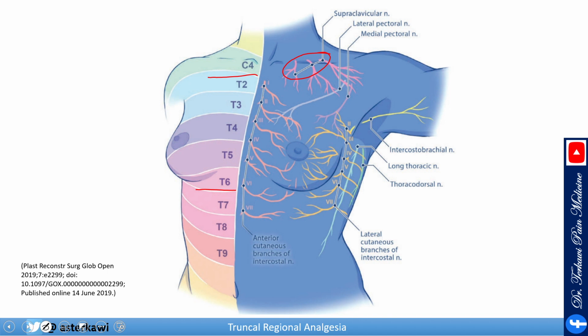But as you see here, you have the lateral and medial pectoral nerves. You have the anterior cutaneous branches here. You have the lateral cutaneous branches. And if your patient has an axillary dissection, then you also want to think about covering the intercostobrachial nerve and long thoracic nerve, and to a lesser extent the thoracodorsal nerve.